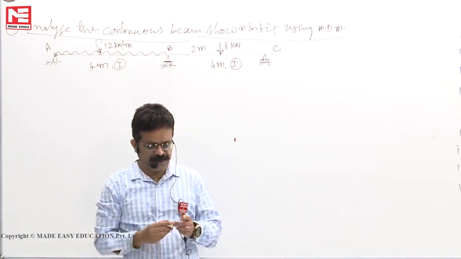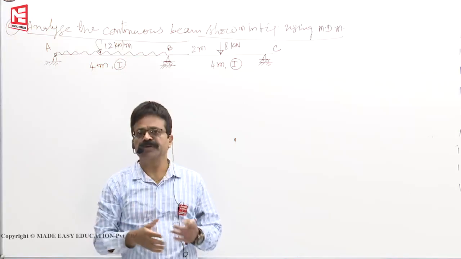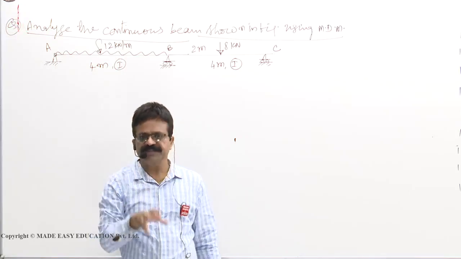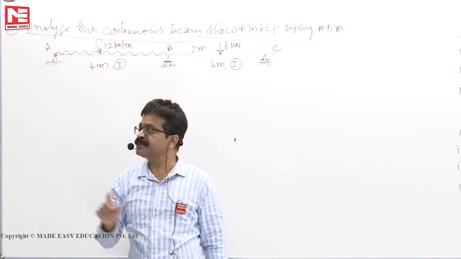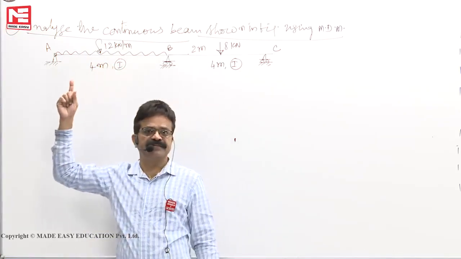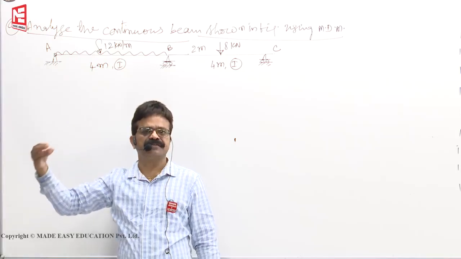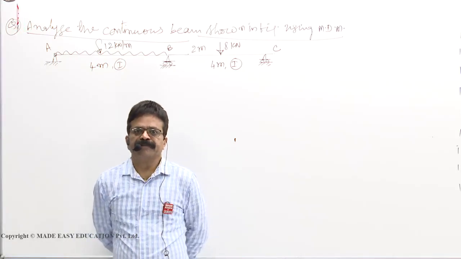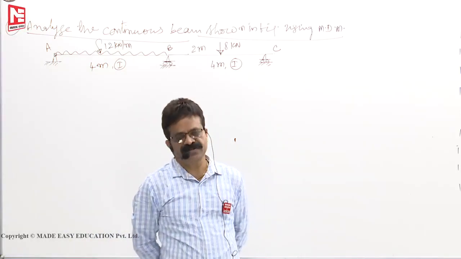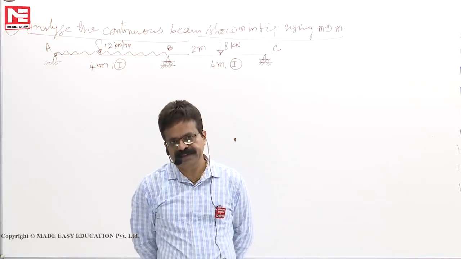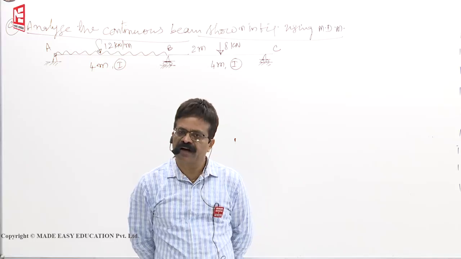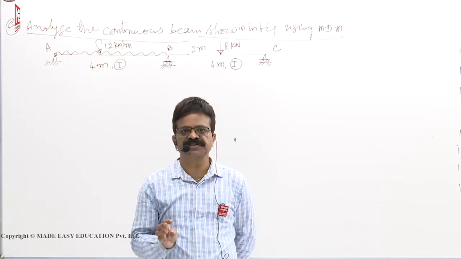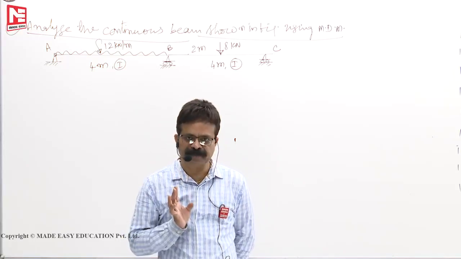In the trusses, I told you, in indeterminate trusses, when you want to analyze, the cross-sectional property and material property also come into the picture when you are finding the reactions or the moments. But in a statically determinate structure, the reactions, shear force and bending moment are independent of cross section and material property.